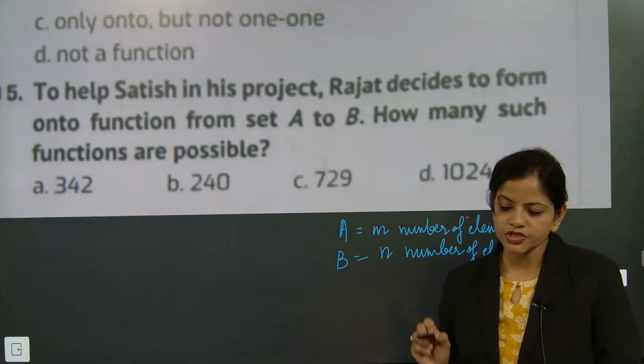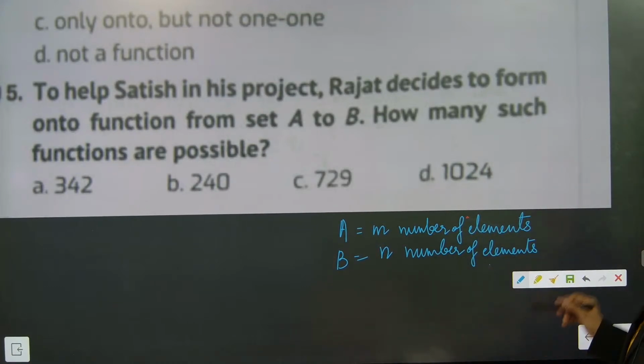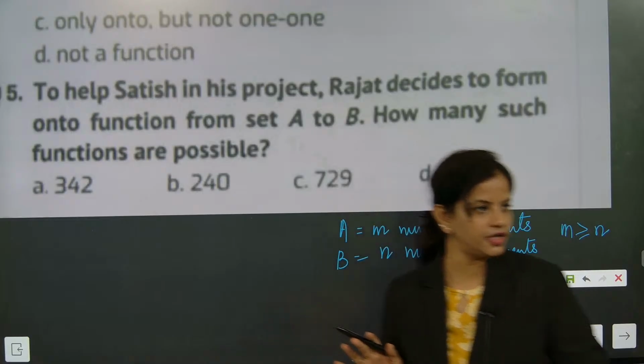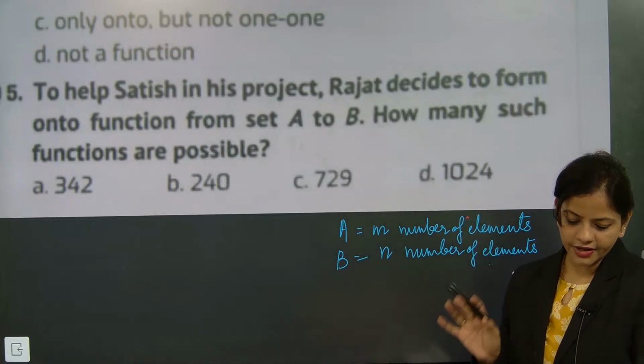Understood? So first you check m should be greater than or equal to n. M should be greater than or equal to n. Done?